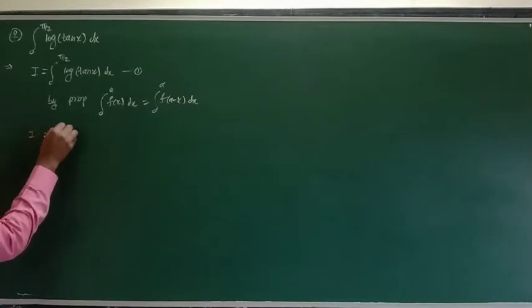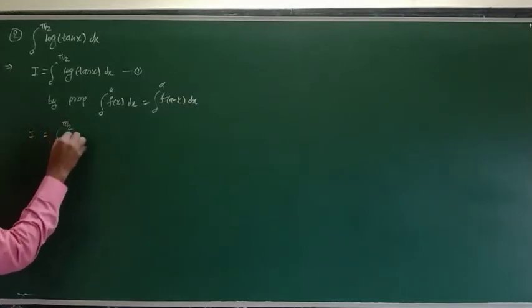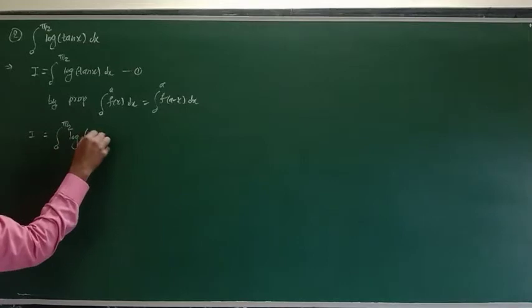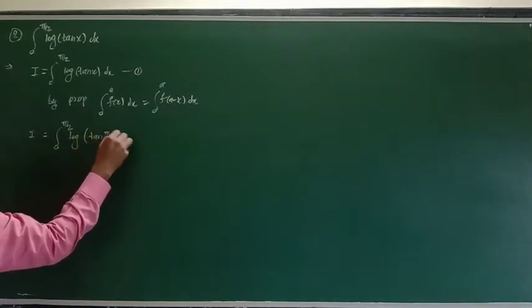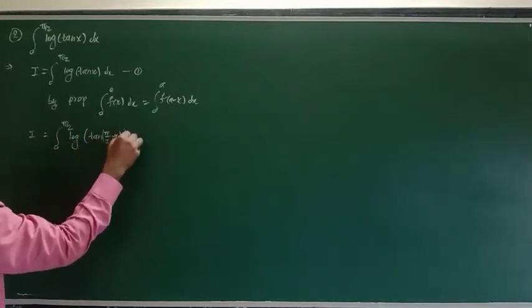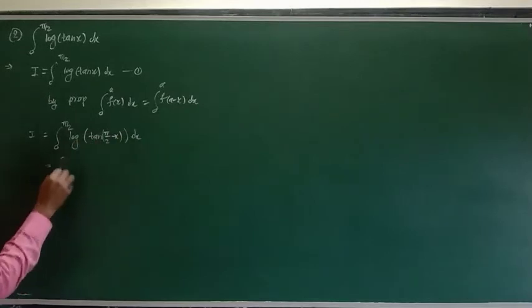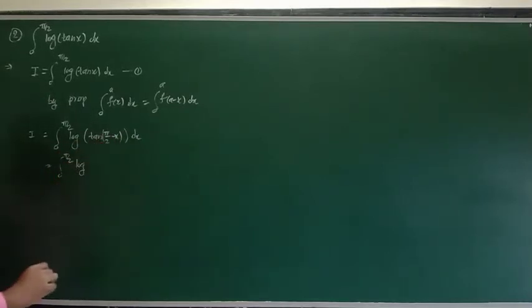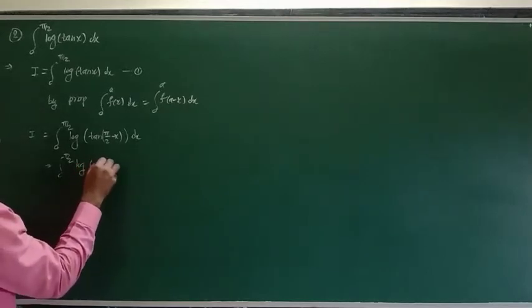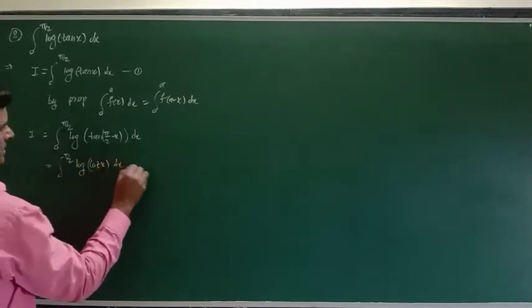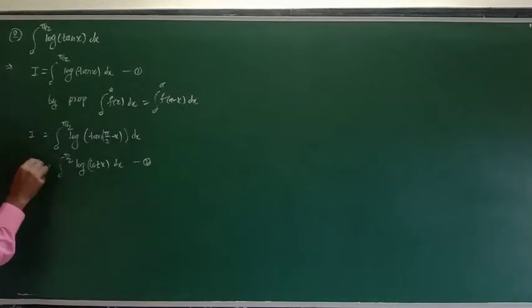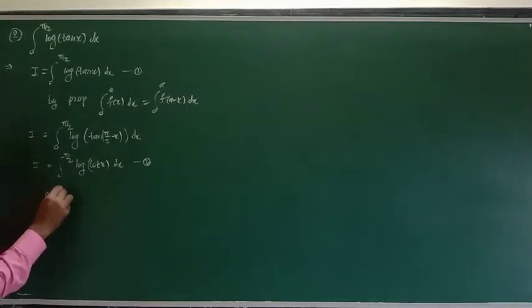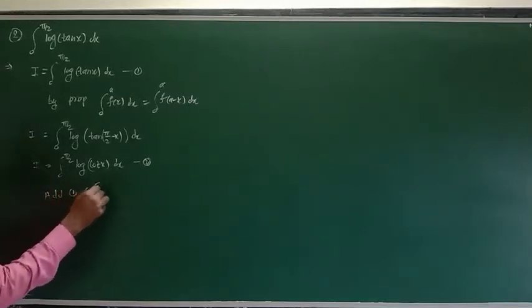So the integral becomes integral from 0 to pi by 2 of log of tan(pi by 2 minus x) dx. Now the value of log of tan(90 minus theta) is log of cot x dx. This is equation second, and now adding equation first and second.